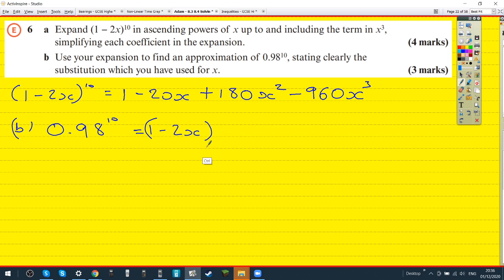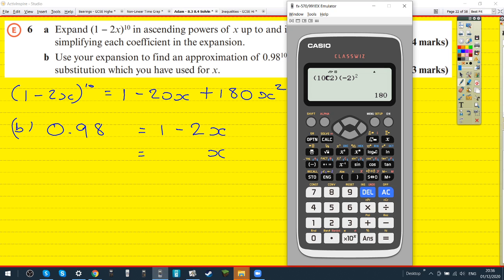And then could you write out as 0.98 equals 1 minus 2x? Yep. And then could you put that into the calculator? Yep. I got 0.01. Okay, what is next?